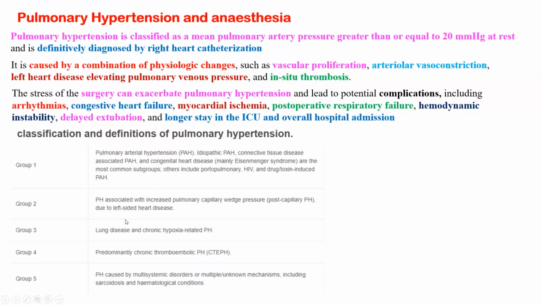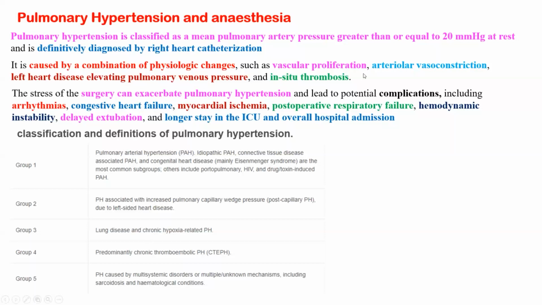The second group is associated with pulmonary capillary wedge pressure. That is at the level of the capillaries, which is usually due to left-sided heart disease, common with mitral stenosis cases which we come across. We are always worried about the increase in the pulmonary pressures. And then the third group is COPD and other cases where alveolar distortion or lung pathology causes an alteration in the vasculature.